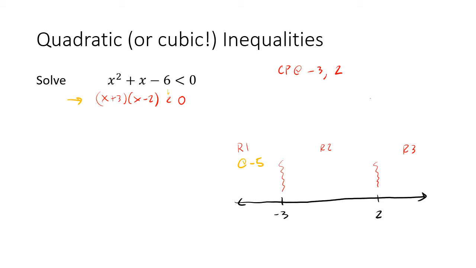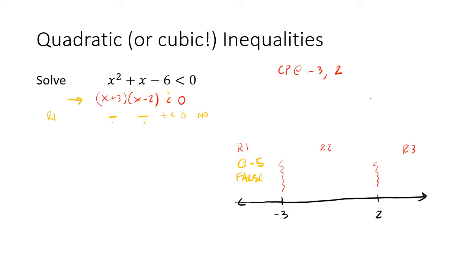So -5 plus 3 in the first parentheses gives me -2, which is negative. Plugging -5 into the second parentheses, -5 minus 2, is negative. A negative times a negative is a positive. Is a positive number less than 0? No, that means this is false. That means there will be no shading in this section of the number line, and it's not part of our answer.